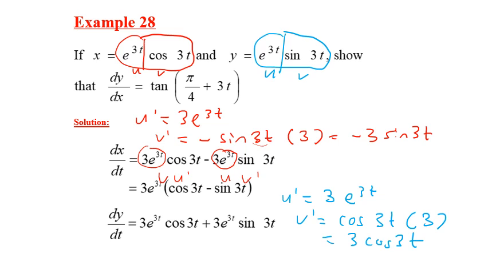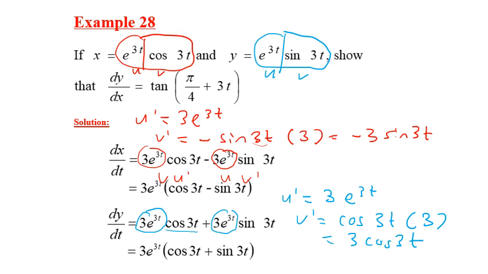Okay, so that's what we got here. So here we go positive. Right, so just like dx dt, so here also we have 3e 3t, so we can factor out. So we got inside there cos 3t plus sine 3t. Okay.